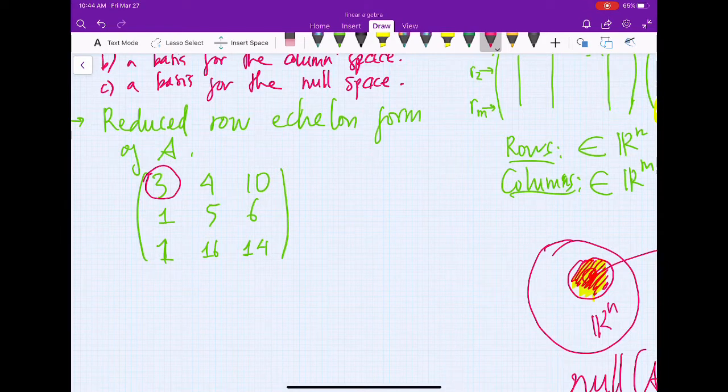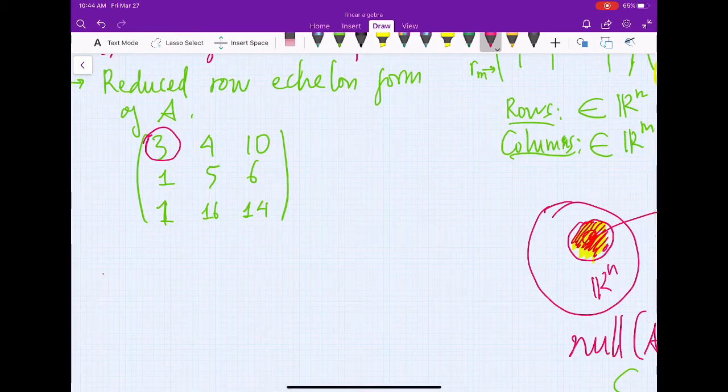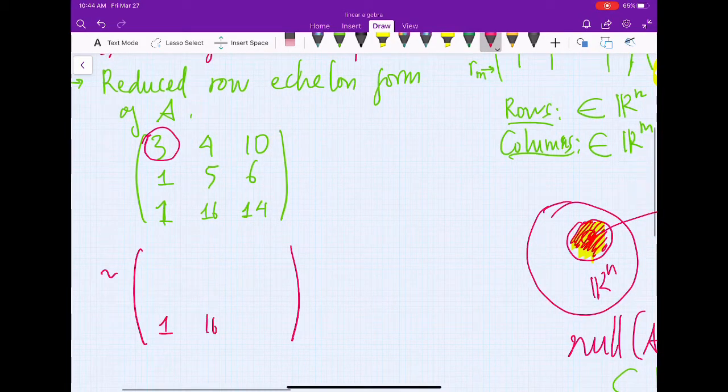Let me show that to you. I will keep the third row. I multiply the third row by -1 and add to the second. I get 0 here, I get -11 here, and I get -8. I multiply the third row by -3 and add to the first.